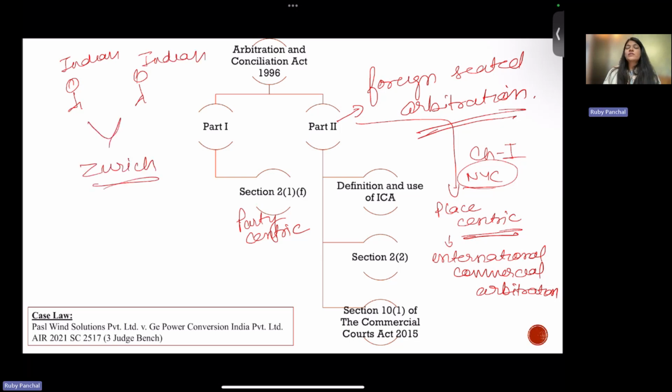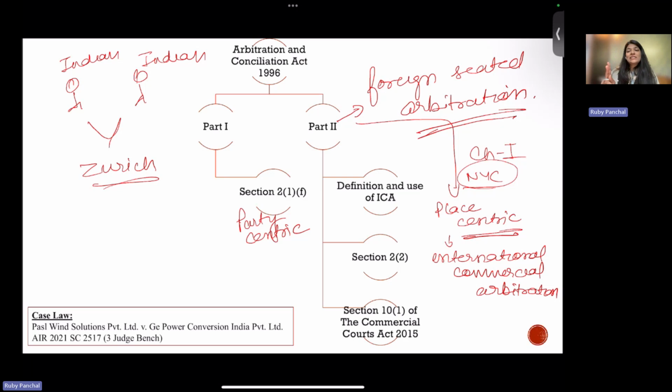Right? So if you remember the entire issue in PASL, there were two Indian parties arbitrating in Zurich. The main argument was that Part 2 only provides for international commercial arbitrations. The first argument to negate that contention is that Part 2 provides a place-centric approach to defining arbitration itself, right? Secondly, there is no international commercial arbitration phrase in Part 2.